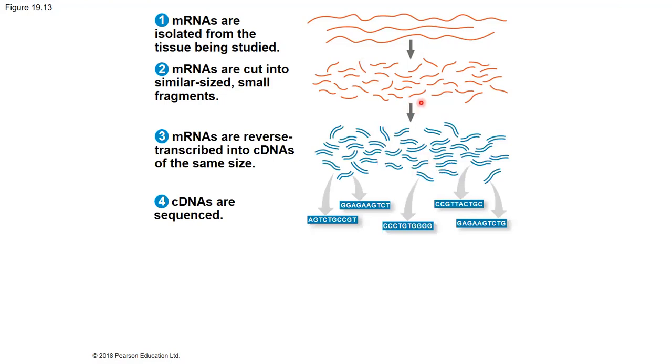So the fragments first are converted into cDNAs, using reverse transcription PCR. And then these small fragments are sequenced.